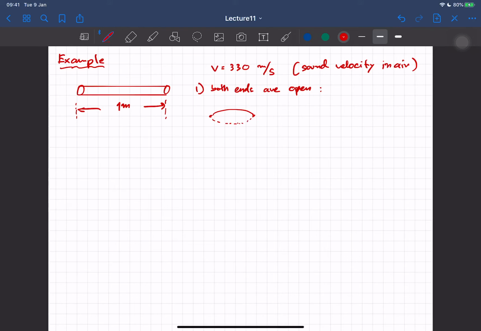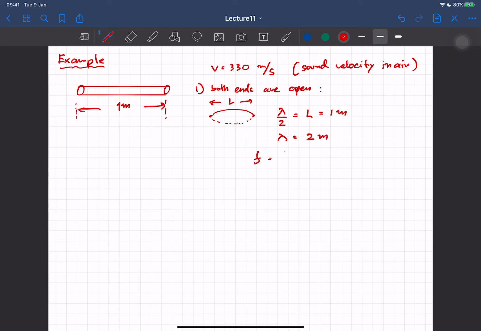So this is L, and lowest frequency means you only have one lobe or one loop of the wave. So lambda over 2, which is one lobe, equals L, which is 1 meter. So lambda is 2 meters.